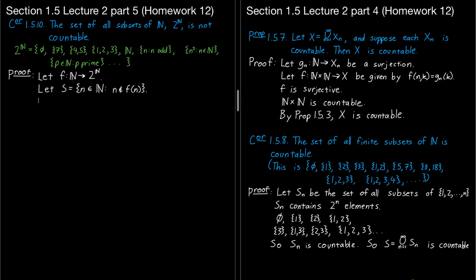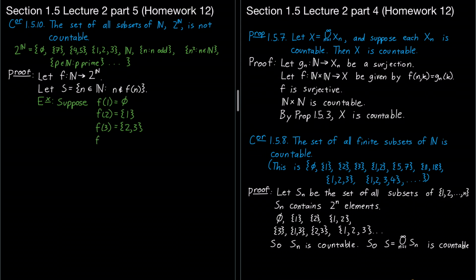Remember, f of n is a set. So, for example, let's suppose f of 1 is the empty set, and then f of 2 is the singleton set 1. Let's make f of 3 the doubleton set 2, 3.